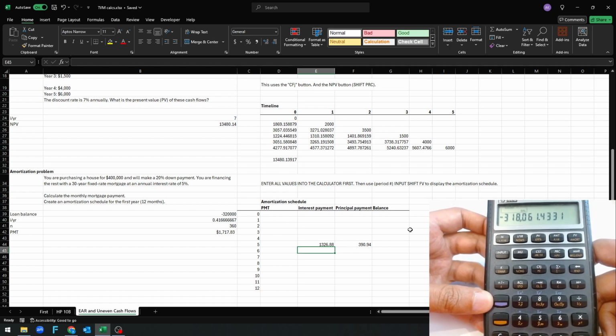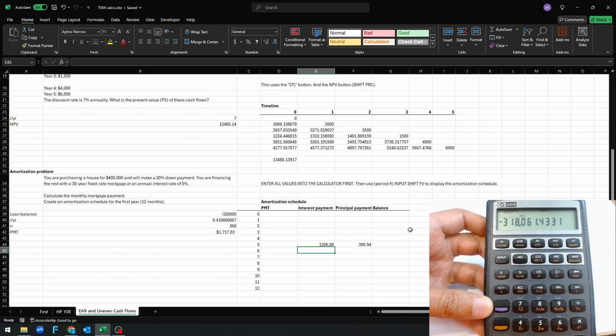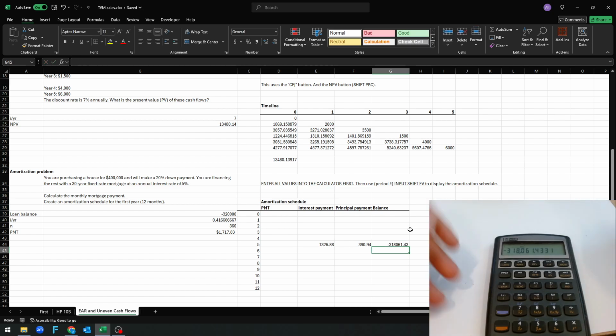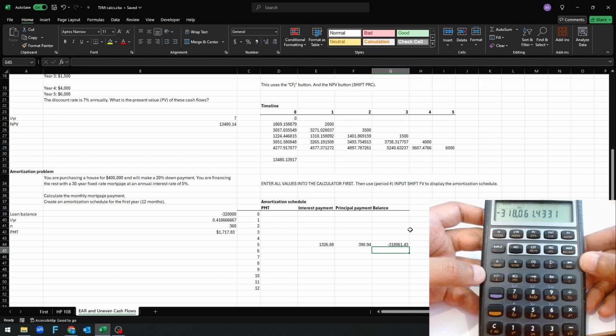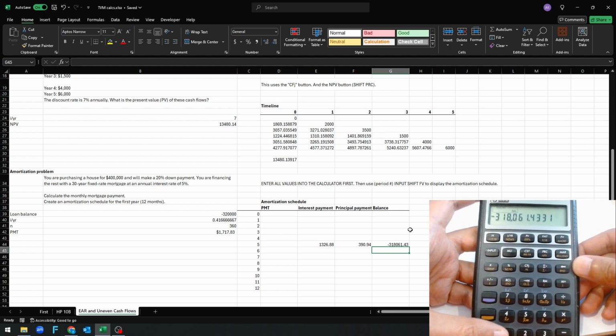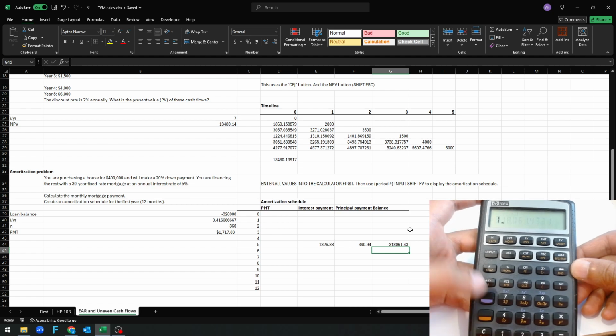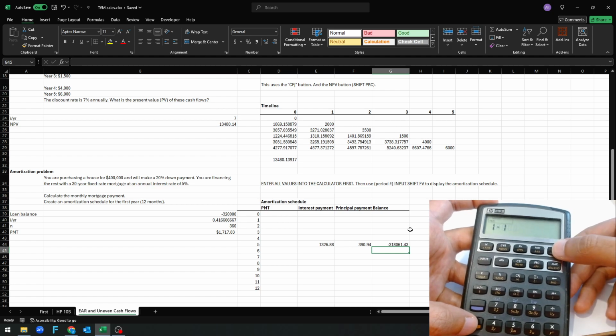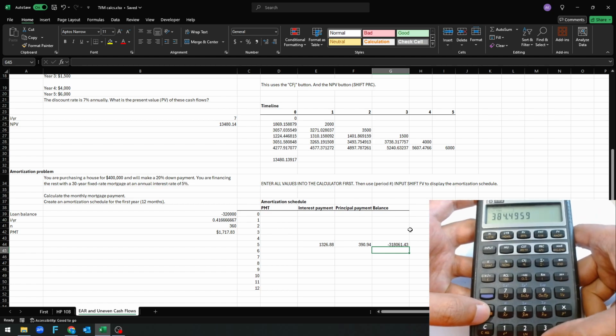The loan balance will be $318,061. So we can look this up for any period. So let's say we want to find out what the numbers are in period 1. So we go to 1, input, shift, access the amortization schedule. So now you see we're in period 1-1. Hit enter.